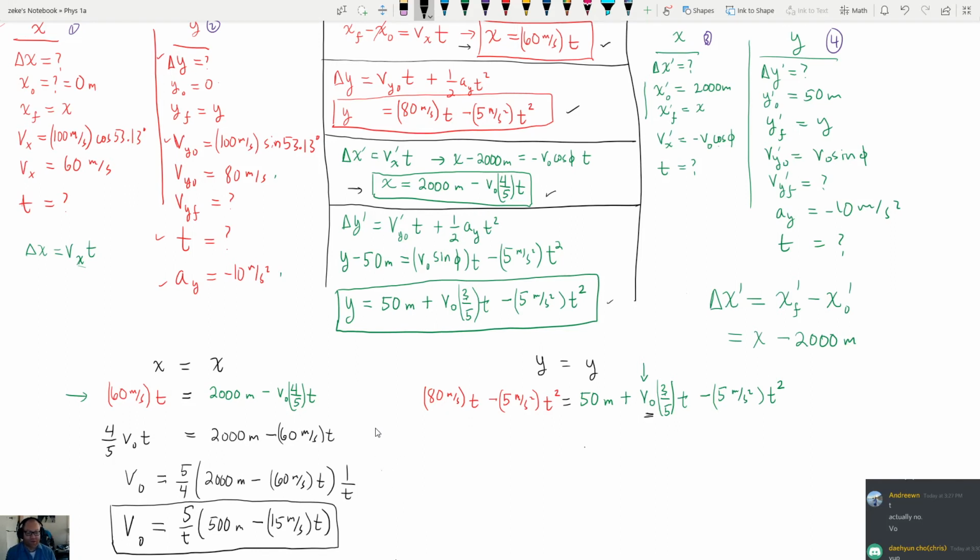Oh, there's another simplification we can do even before we do that, actually. Which is, this and this are the same. So they disappear.